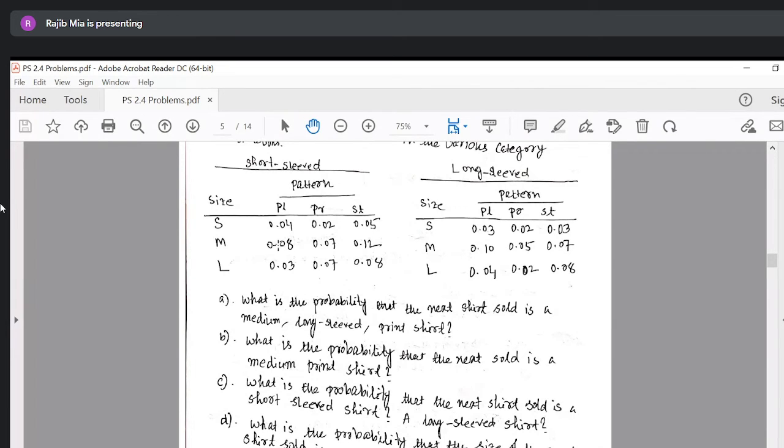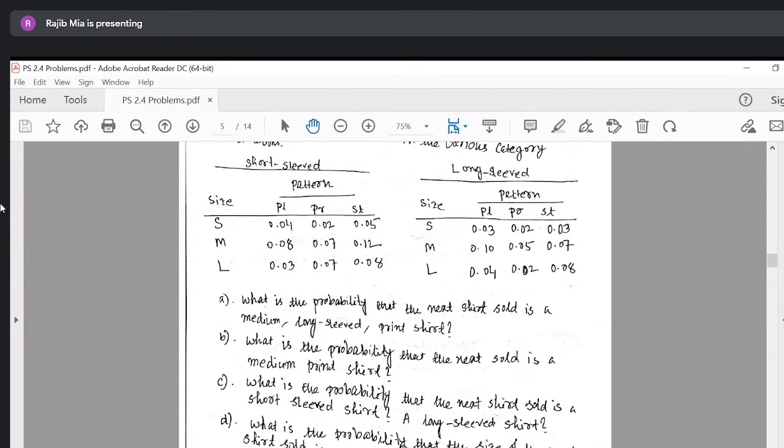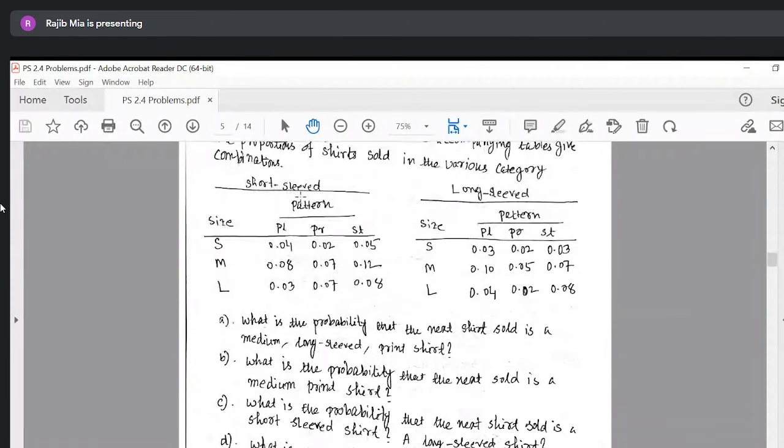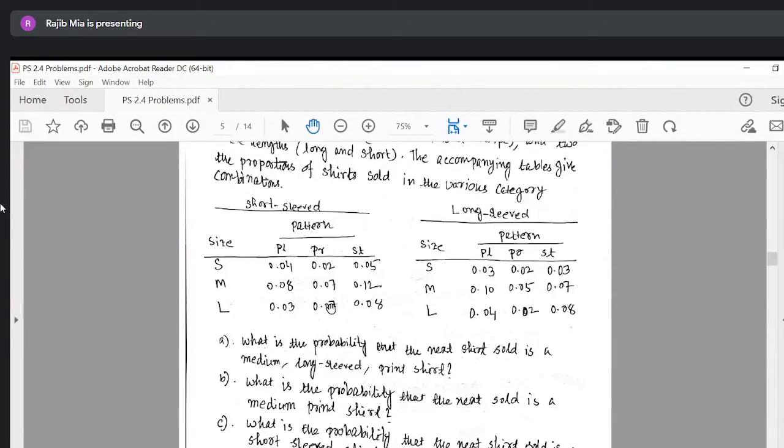Sir, we need to add all the six probabilities from the medium row. Yes, the second row. So medium is present in the short sleeve category and the long sleeve category also. For short sleeve, medium means 0.08, 0.07 and 0.12. For long sleeve, this is 0.10, 0.05, 0.07. So we have to add these six values from this second row. Okay.